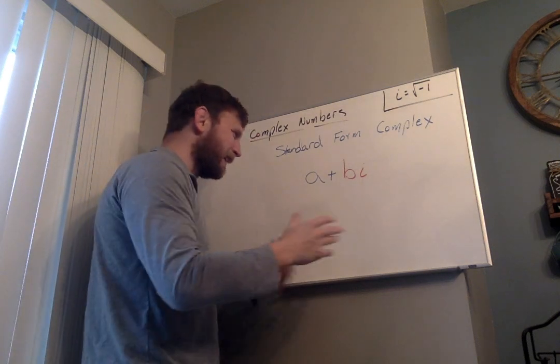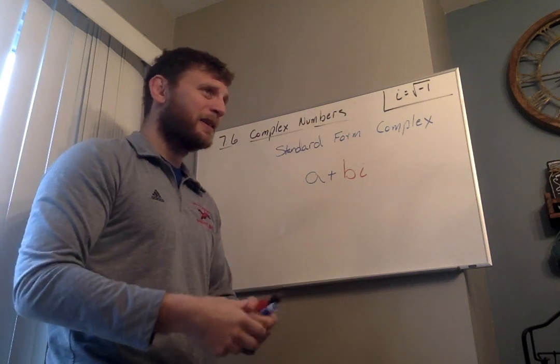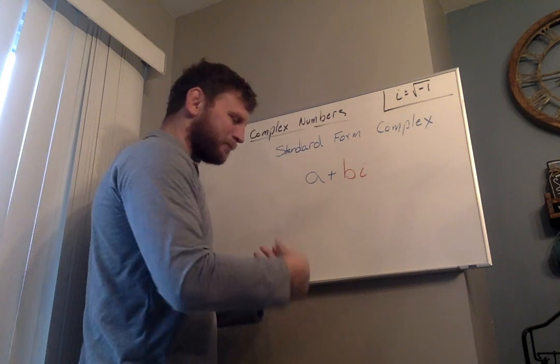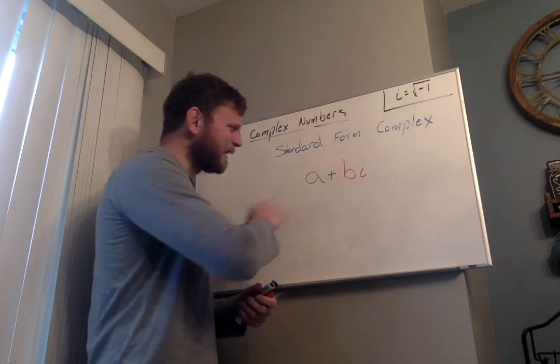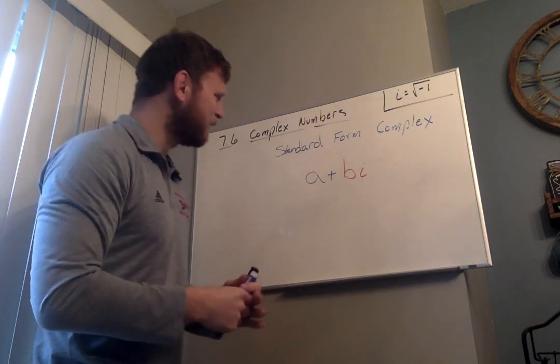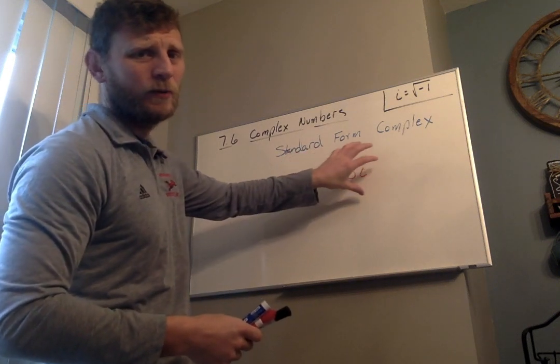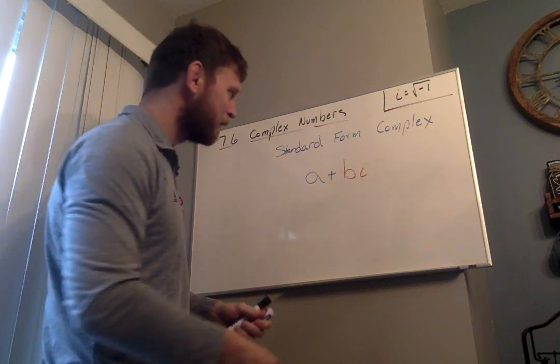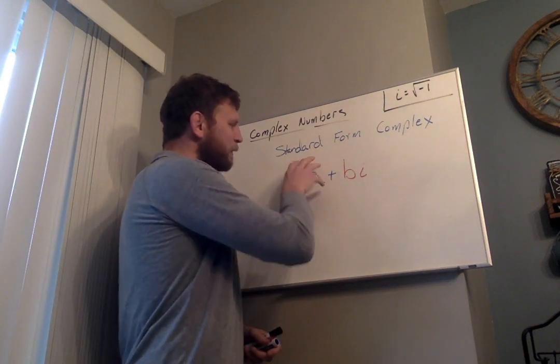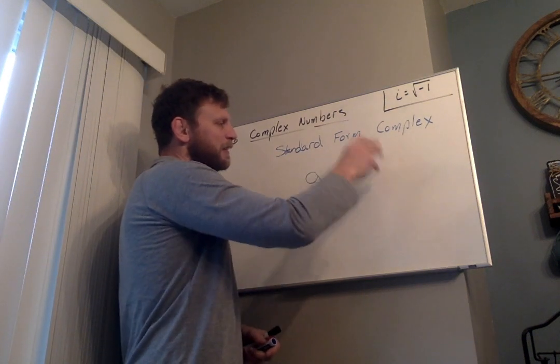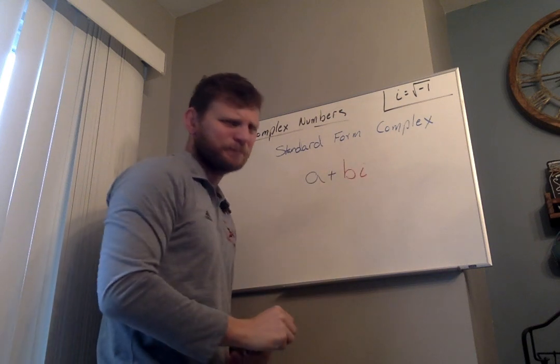Like I said, if you're viewing it as a variable, it kind of helps out there, okay? Because you have a number without a variable and a number with a variable. But in this case, it's a number without an imaginary part and a number with an imaginary part.